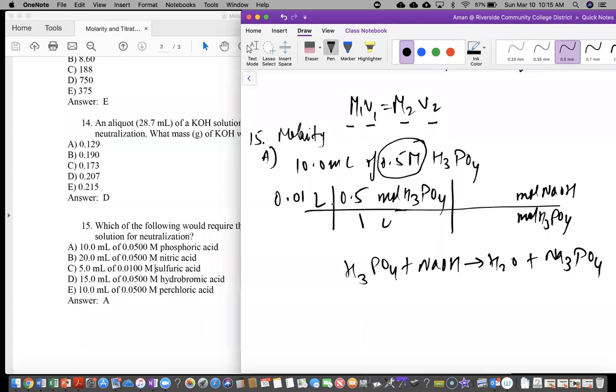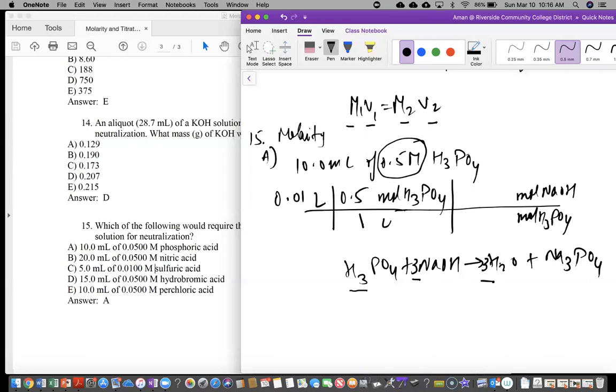If you balance the equation, I'll put a 3 here and 3 in front of water, and you'll see this is balanced. You can balance this the normal way you learned in class, or I can give you a trick. The trick is, this acid has 3 hydrogens, so it's going to take 3 sodium hydroxide and make 3 waters.